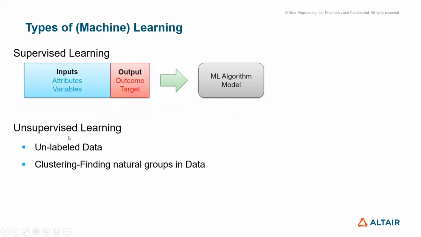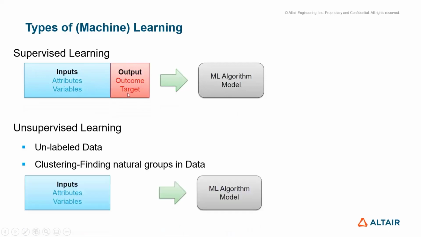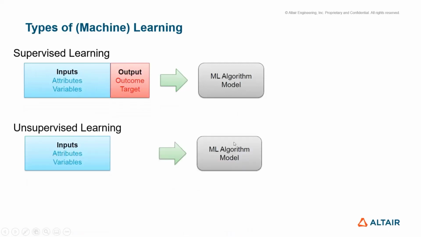In an unsupervised learning model, your data is not labeled, the outcome is not labeled. You have just input variables. For example, somebody has given you a bunch of images, which is easy to understand: dogs, cats, cows, buffaloes, and it is not labeled as this is a cow, this is a dog, this is a cat.